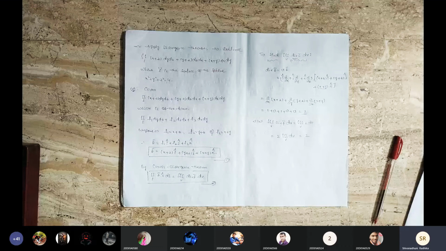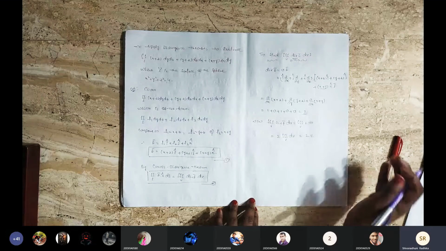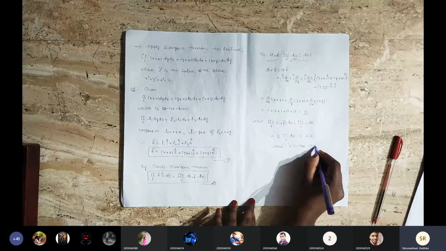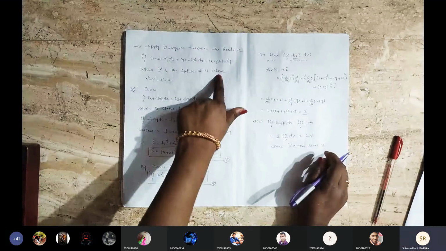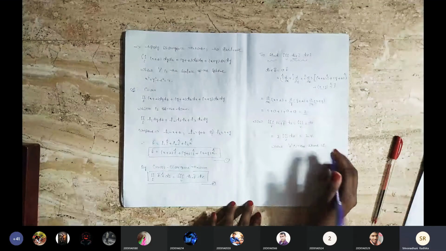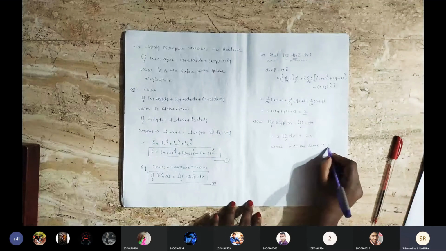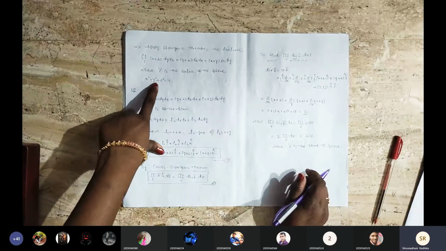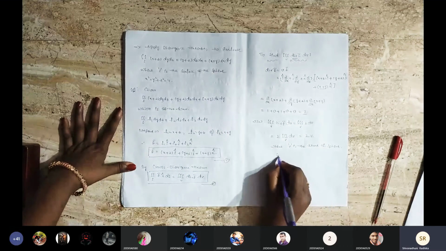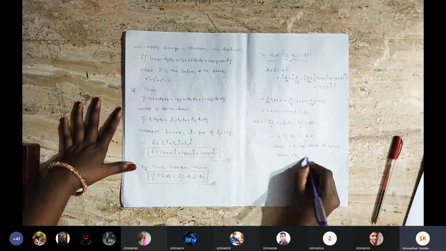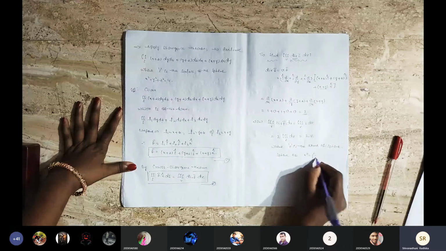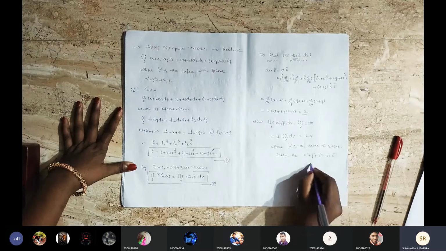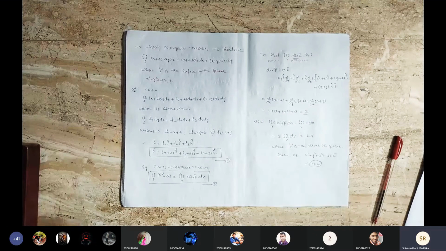It is V, where V is the volume of the sphere enclosed by the sphere. Already we have the sphere equation: x square plus y square plus z square equals 4, which can be written as 2 square. Then what is the r value here? R equals 2.